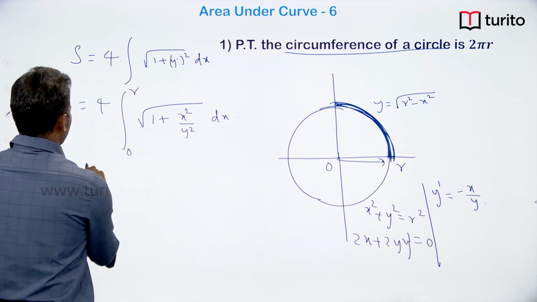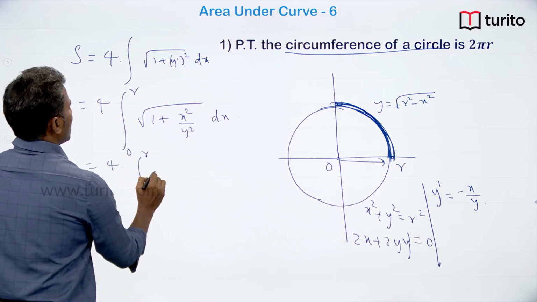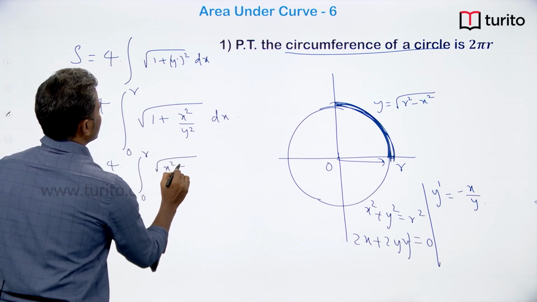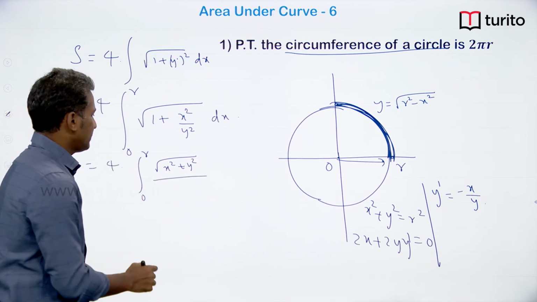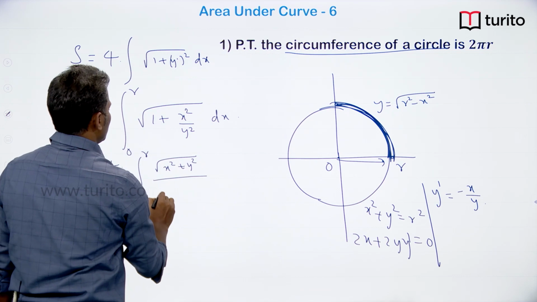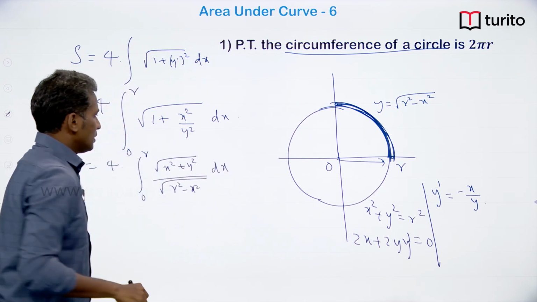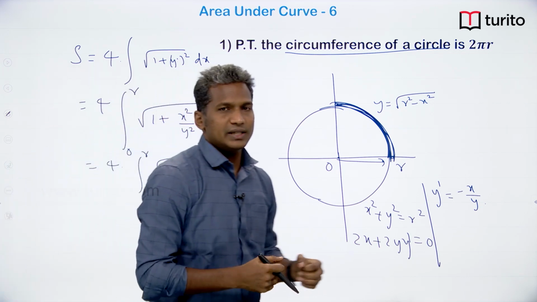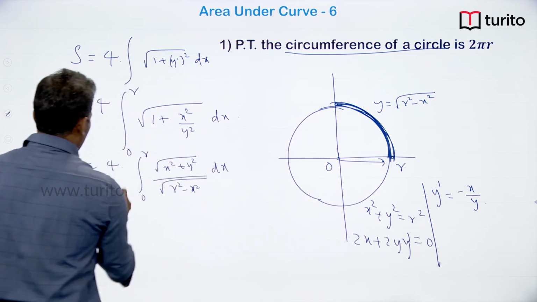Now here if we simplify this a bit, we get 4 into integral 0 to r root of x square plus y square divided by y, and y is nothing but root of r square minus x square dx. Now root of x square plus y square is basically r, that is the radius, and we can take this r also common.